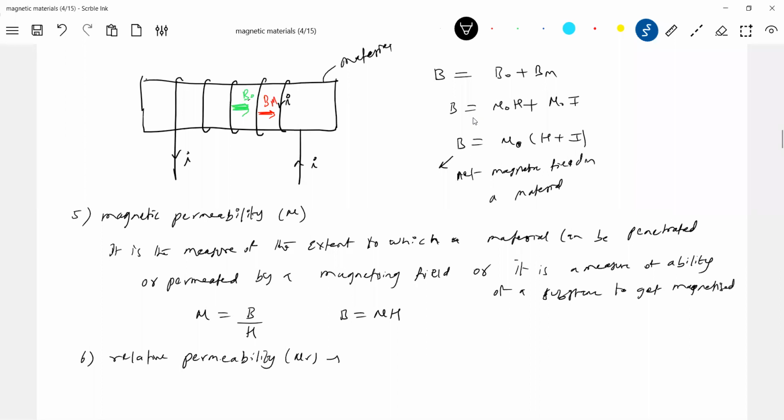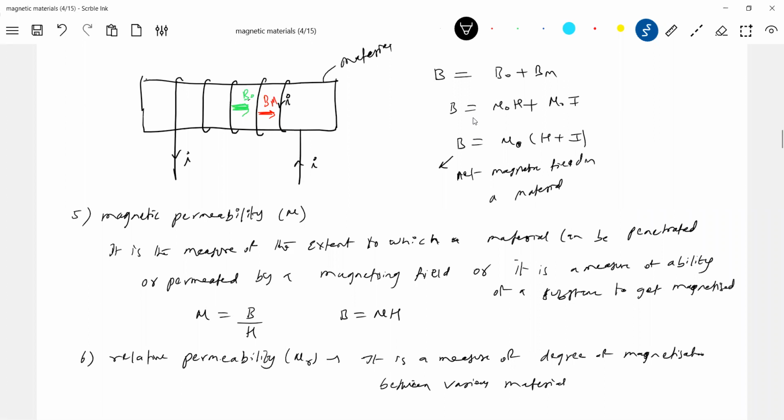To compare the magnetization of different materials, I need one more quantity that I'm bringing in, mu r. It is a measure of the degree of magnetization between various materials.